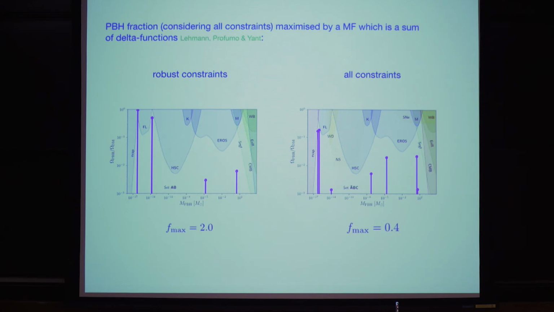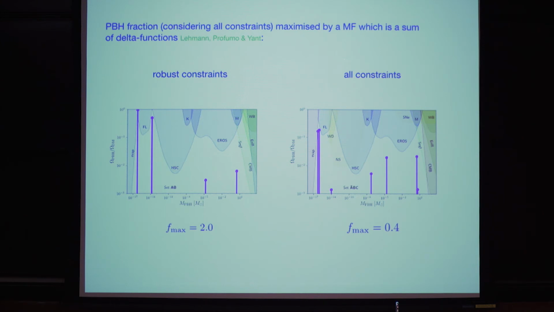They divided the constraints up into various subsets. On the left, we've got their results for what they call the robust constraints, the ones that it's really hard to see how they don't have to be valid. And then here, all constraints. So for instance, the white dwarf and neutron star constraints are in this plot, but not the one on the left. And in this one, they've got the supernovae microlensing constraints, but not in the one on the right.